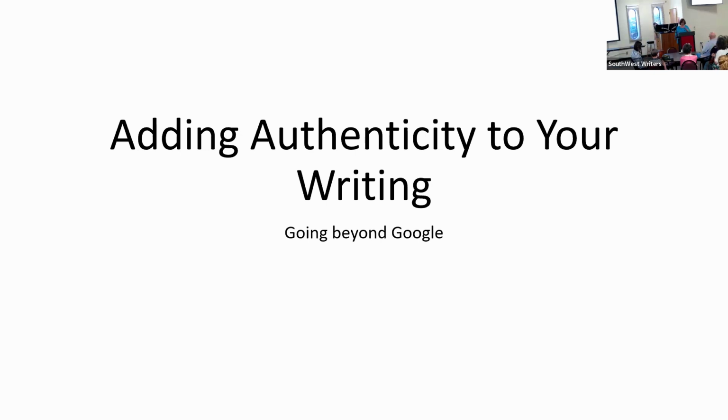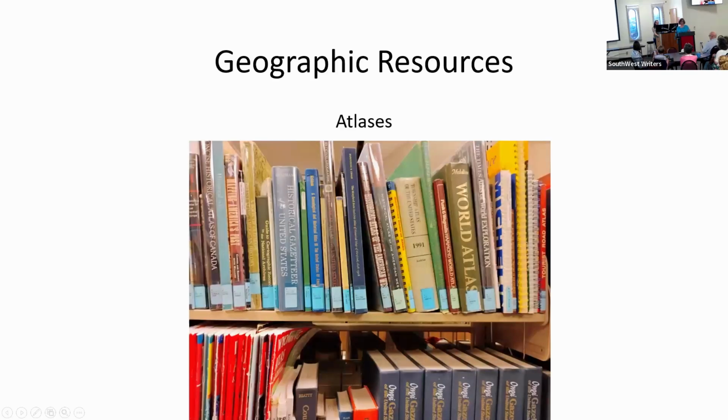Apologies to Abraham Lincoln. So the first category that I want to look at are atlases. Now we've all heard of atlases. I know this is from the shelves of the Albuquerque Public Library, main library genealogy collection, which I find strange that genealogy and local history are separated, but they didn't ask my opinion.